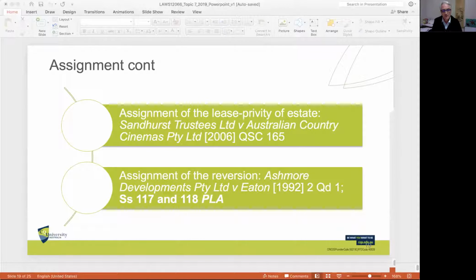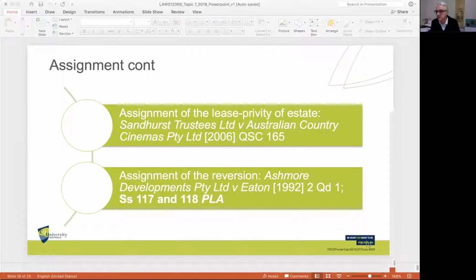A way of dealing with this is the doctrine of privity of estate. Basically, this doctrine is between the lessor and the assignee, and it operates so that any covenants that touch and concern the land will be enforceable as between assignee and lessor.